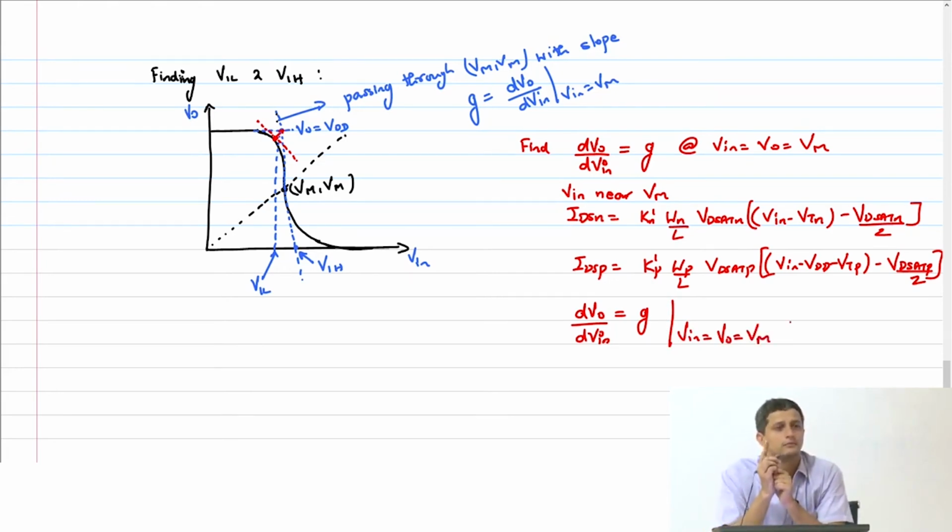Correct? I am trying to find the slope of the VTC at V in equal to V out equal to Vm. That's what I am trying to do. What is the problem in this equation? Can you find the slope here? Look at the current equation. How do you do dV out by dV in here?